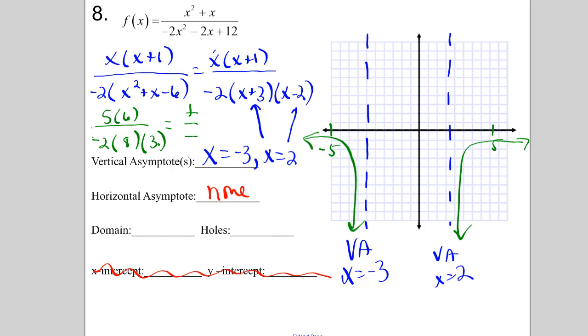Now we've got to go in and check in here. What happens when x is the number 1? Well, when x is 1, I have 1 times 2, and then I have a -2, and then a 4. So I get a positive over a positive. So at 1, I'm up here somewhere.